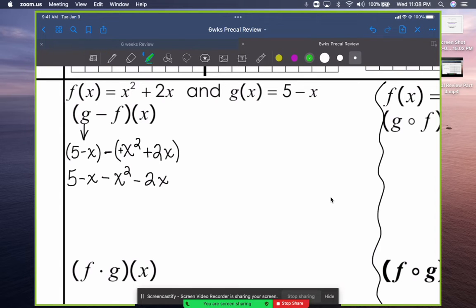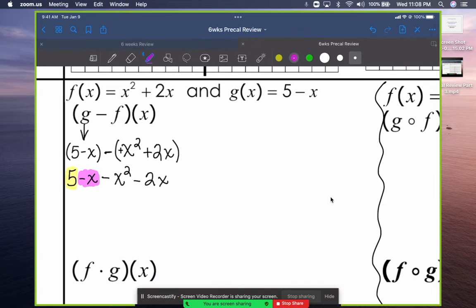The next step I'm going to want to do is combine any like terms. So I'm going to look for any like terms that I see. I have a 5 here, which is a constant. I don't see any other constants because each of the next terms have variables. Okay. Next up, I have a negative x, right?